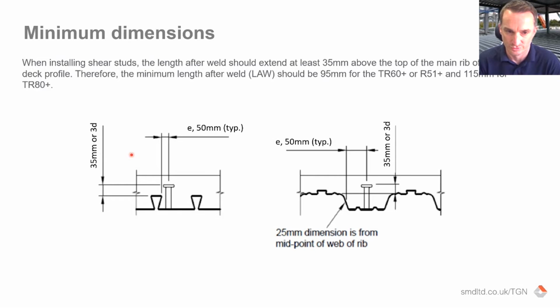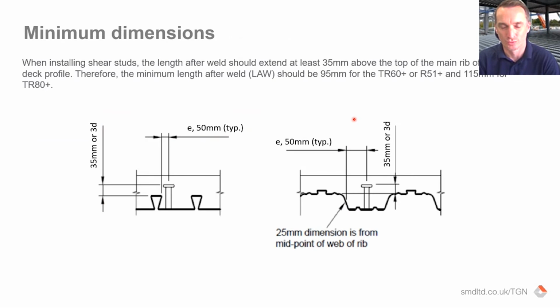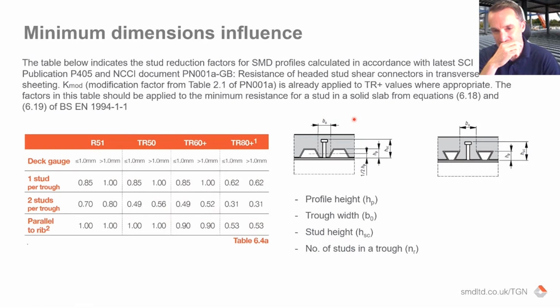So it is important to realise that there's a minimum stud length within any profile as well. It's also important to make sure you type it right, which we didn't there. It's 2D though.